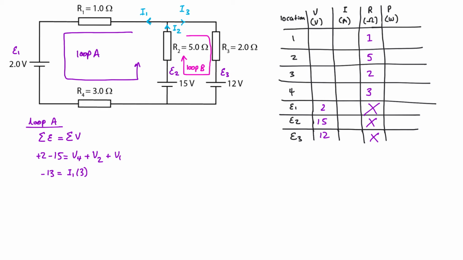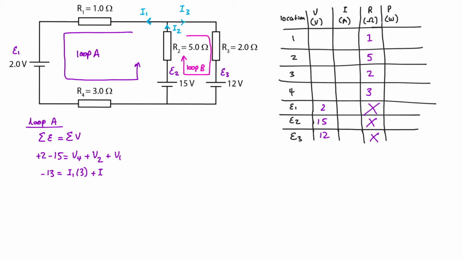Then it goes on. We've already taken care of this. Then it goes through resistor 2, which is 5 ohms, and current 2. So I have to multiply I2 by R2 here. The direction that I'm assuming the electrons are going is the same direction as I chose my I2, so I can just use a positive value here.